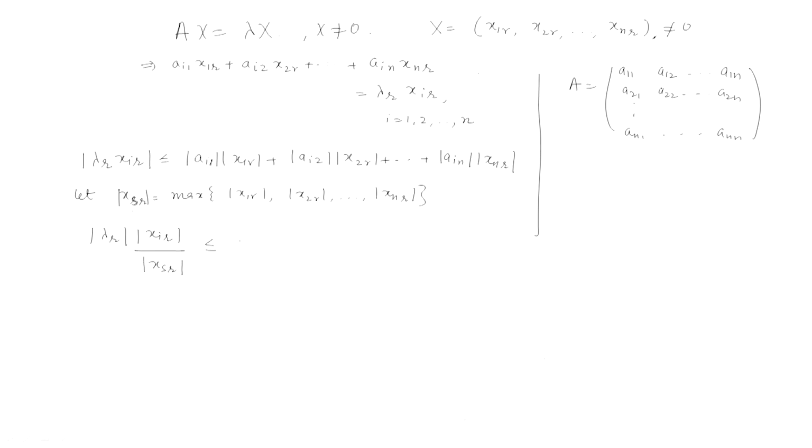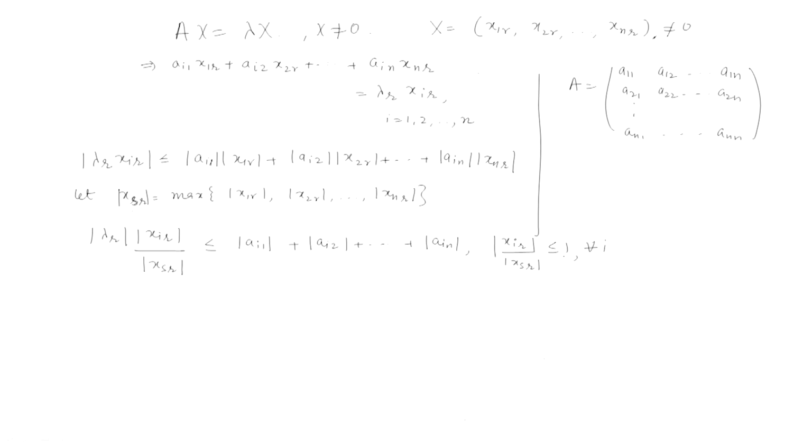and it is less than or equal to mod ai1 plus mod ai2 plus and so on plus mod ain, because mod of xir upon mod of xsr is less than or equal to 1 for all i, because this is the maximum one.